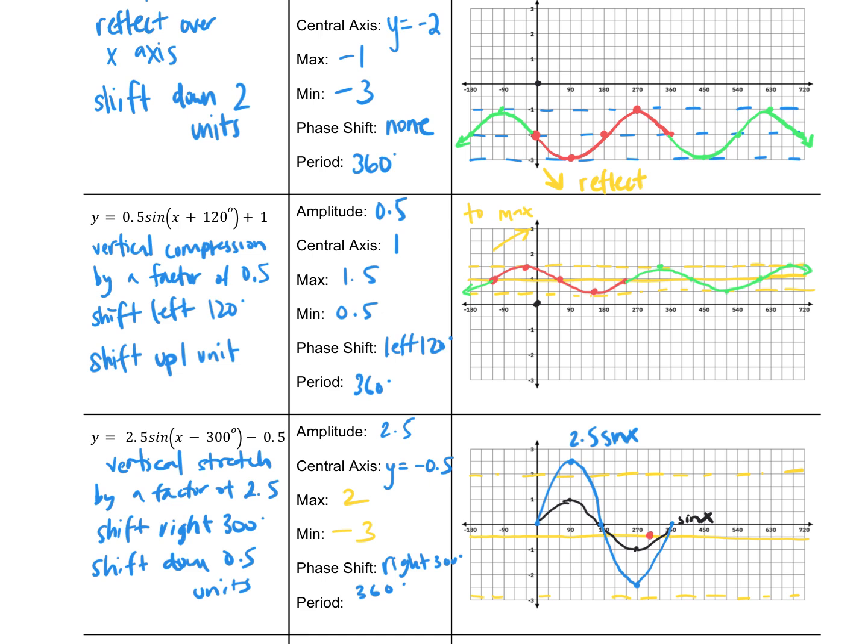And there it is. And I can take the maximum, move to the right 300, which would be 10 boxes, and then up or down 0.5. That's going to take me there. And then the next one here. And at this point, personally, I'm just using the pattern of every 90 degrees, but you can also just count the boxes with your shifting.